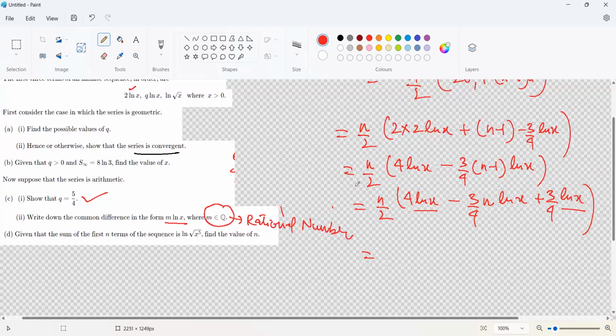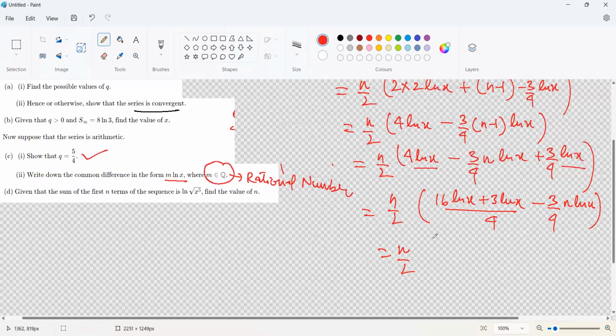So n by 2, 4 times 4 is 16 ln x, plus 3 ln x upon 4, minus 3 by 4 n ln x.